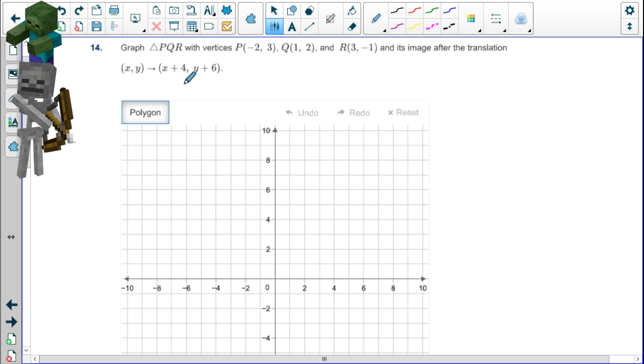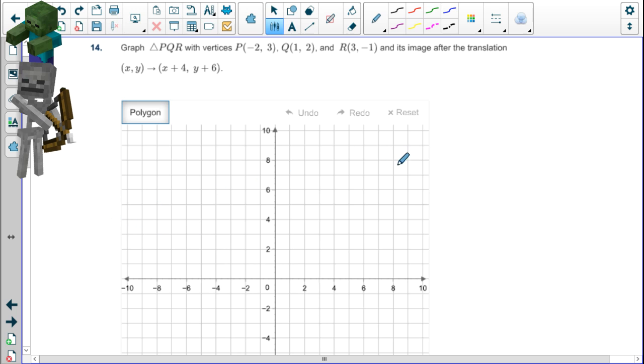So on 14, they give us the triangle PQR, and then you are to use this coordinate rule here to create the image.